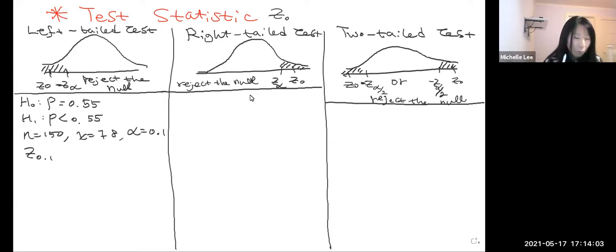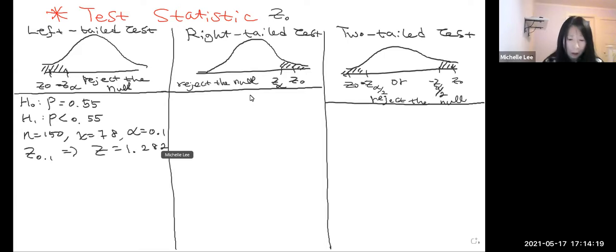So z sub 0.1, then I found in StatCrunch that Z equal to 1.282.